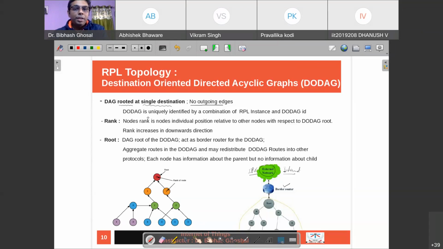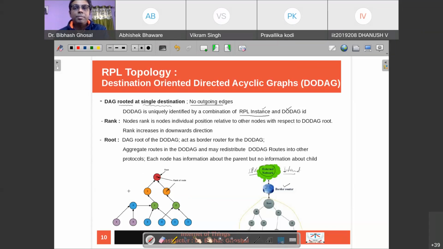It's an interesting data structure, which is a combination of an instance. These devices which are connected, each one of them can be called an instance, and you can have an ID for each one of them. Now, in addition to this ID and instance, we can also have something called rank.